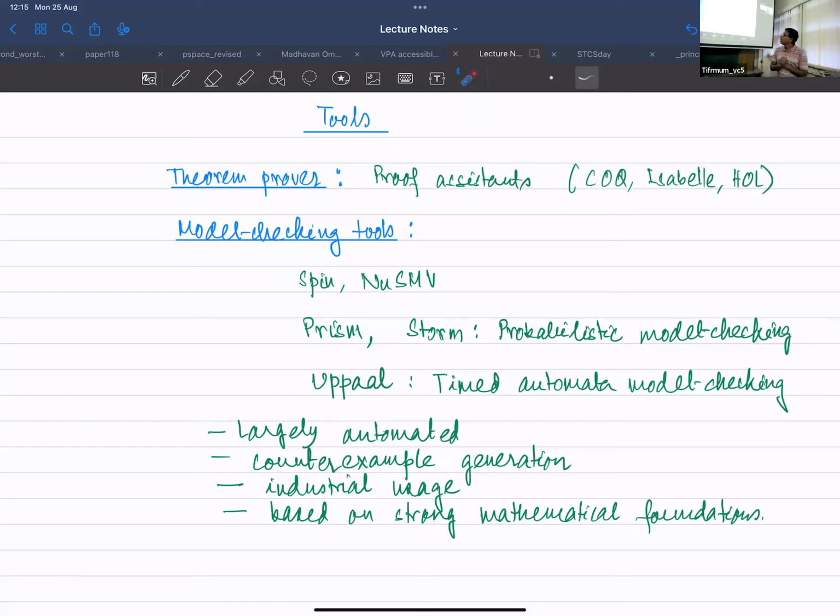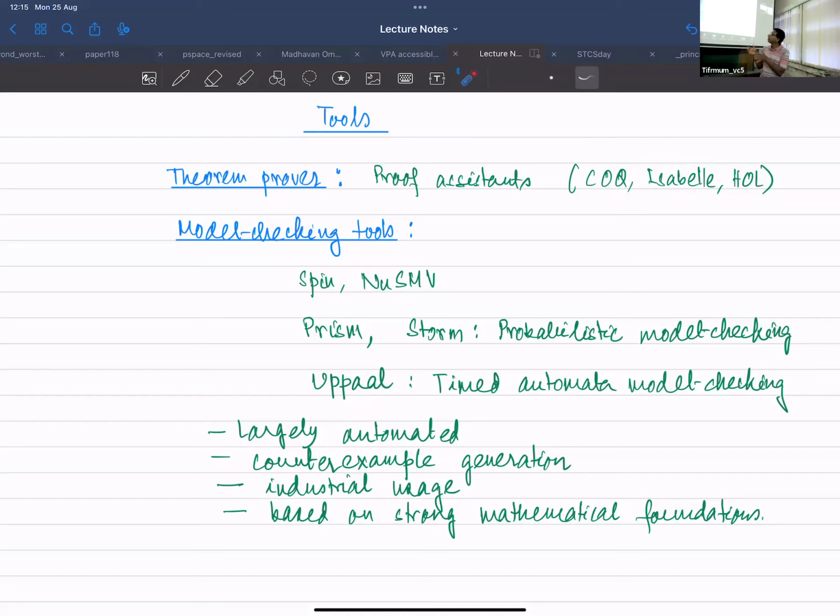Sometimes it also requires human intervention, because the proofs cannot always be automated. There are different possibilities for which proof rules one can use, so you can guide the theorem prover.